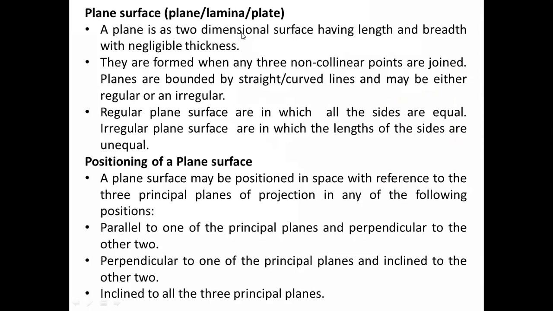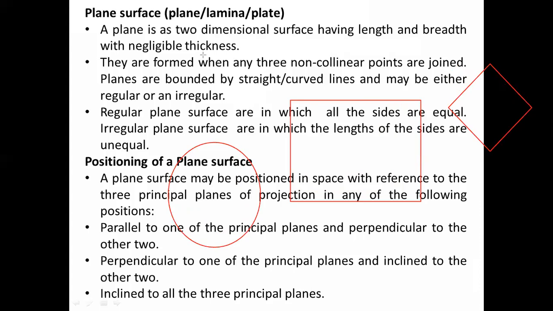Now planes are bounded by straight or curved lines. What do I mean? This is also a plane. This is also a plane. This is also a plane. This is also a plane. Got it?